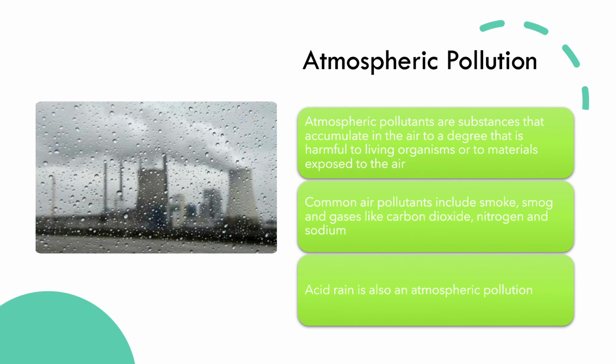When the harmful gases from factories mix with the rain and fall down, it is known as acid rain. The acids pour down on earth along with the rain, and this is very harmful for plants and aquatic animals. They also destroy statues and buildings.